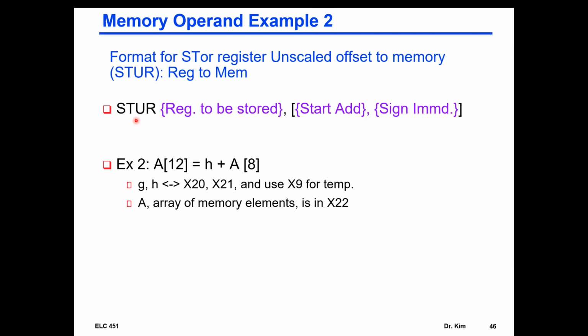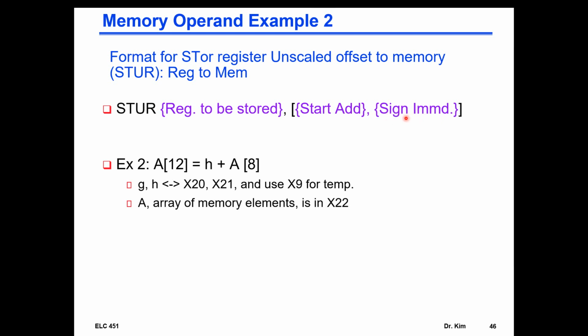So again, for the store, storing the contents of a register, which is this operand here, into an address is going to be the contents of another register, a base address, plus an immediate field, which can represent a displacement.